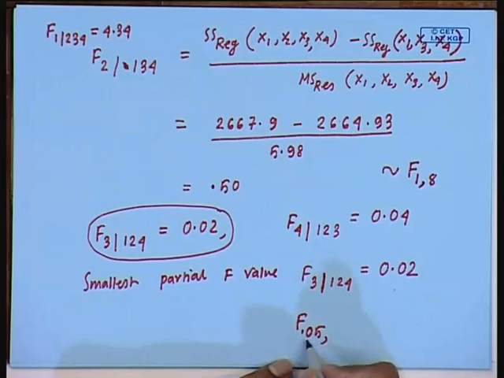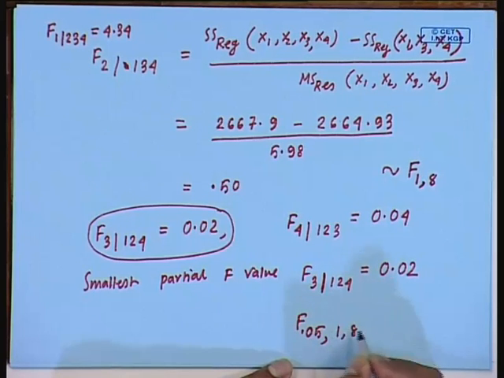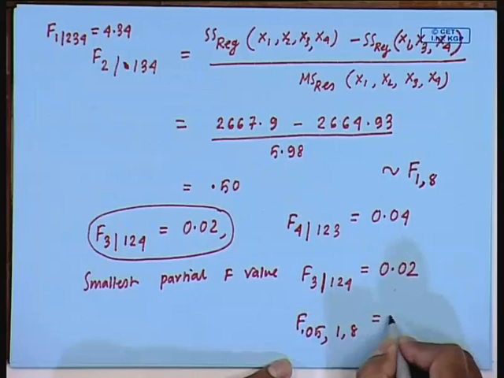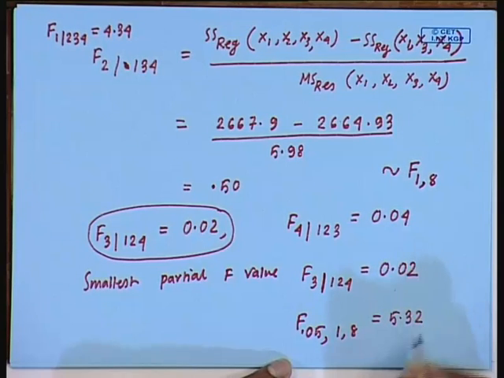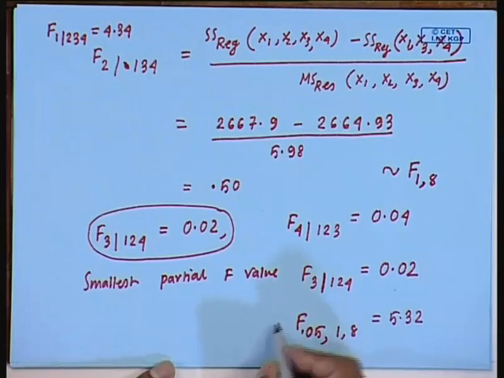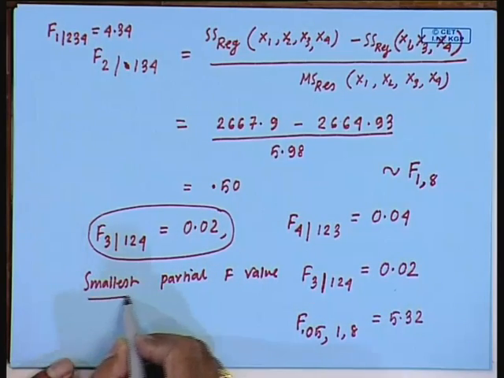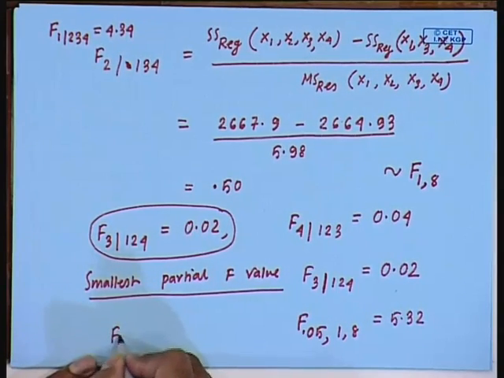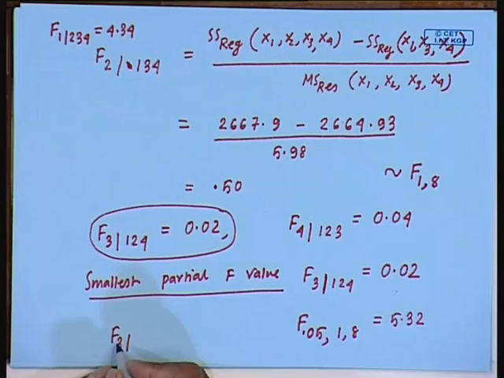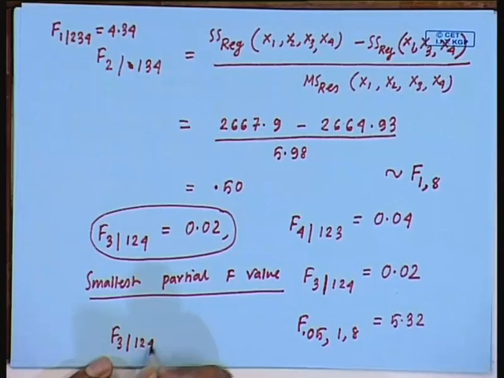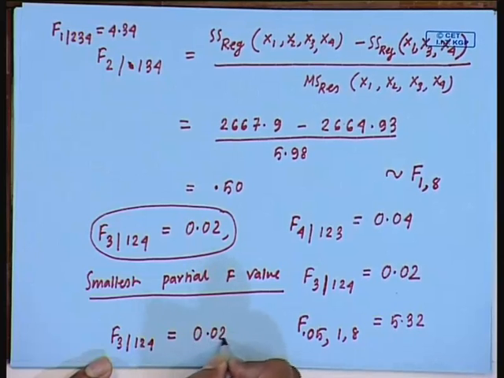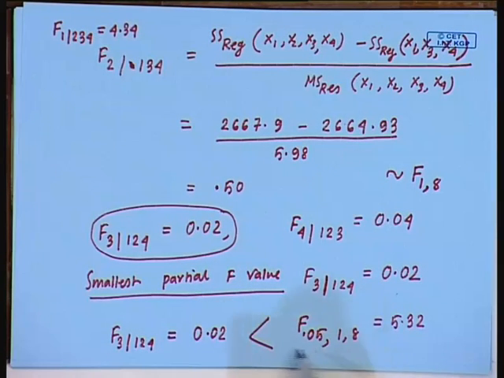So, we will find the value of F 0.05, 1, 8, which is equal to 5.32. Now, this one is the smallest partial F value, which is F3 associated with x3, given 1, 2, 4. This one is less than the tabulated value. So, x3 is insignificant. We can remove x3 from the model.